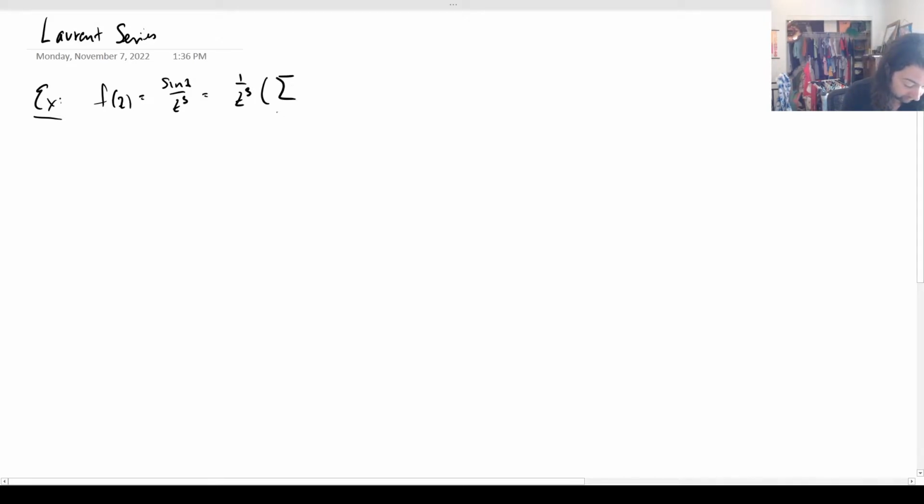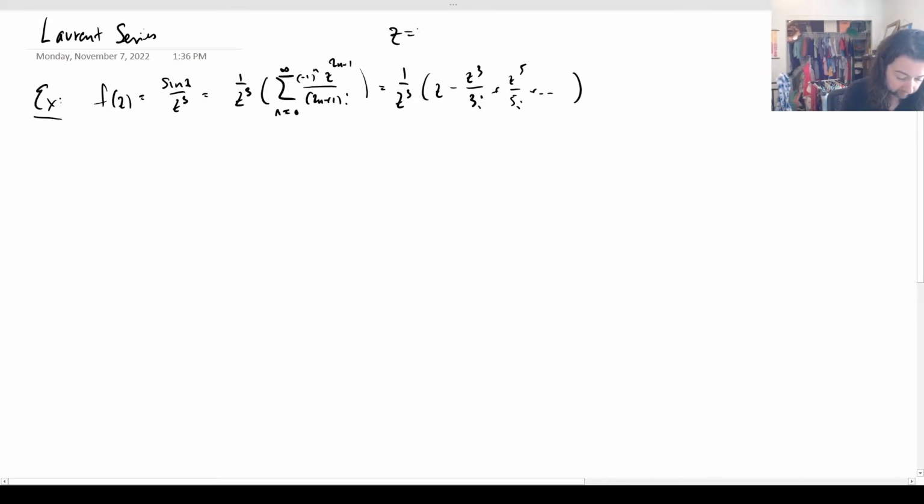So it's the sum from n equals 0 to infinity of minus 1 to the n, z to the 2n plus 1 over 2n plus 1 factorial, or if you like, 1 over z to the third times z minus z to the third over 3 factorial plus z to the fifth over 5 factorial, and so on. Everything here is okay as long as z is not equal to 0.